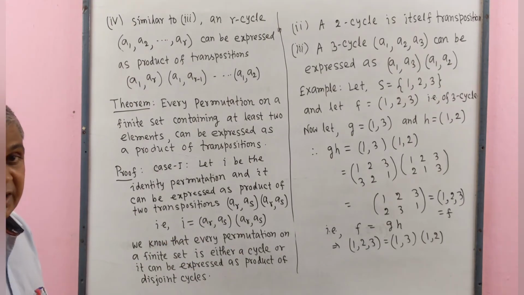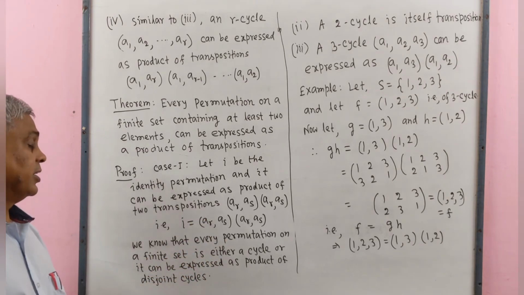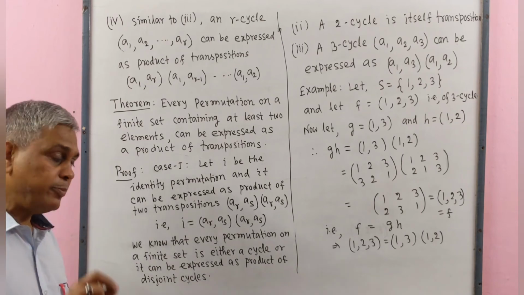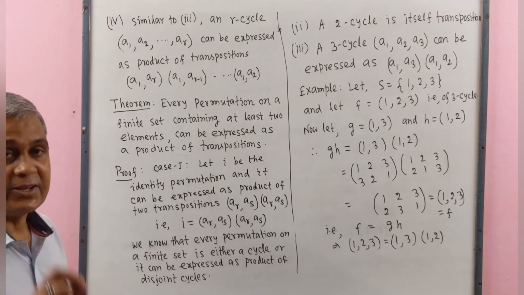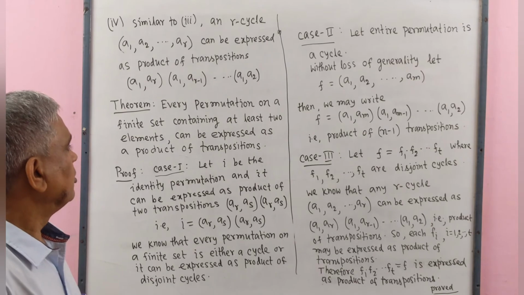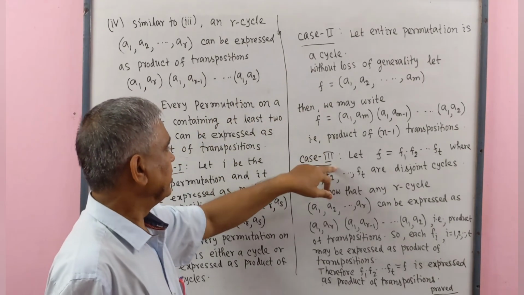We know that every permutation on a finite set is either a cycle or it can be expressed as product of disjoint cycles. On the basis of this idea, we take cases 2 and 3.